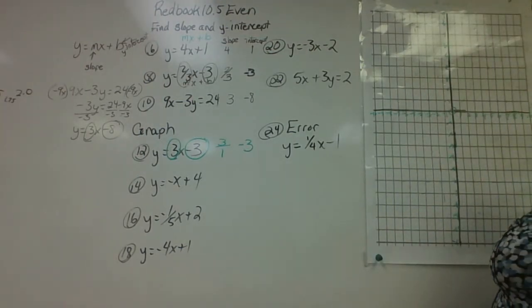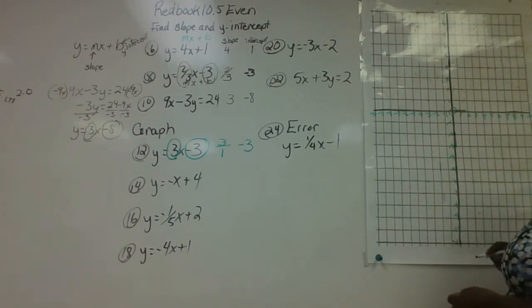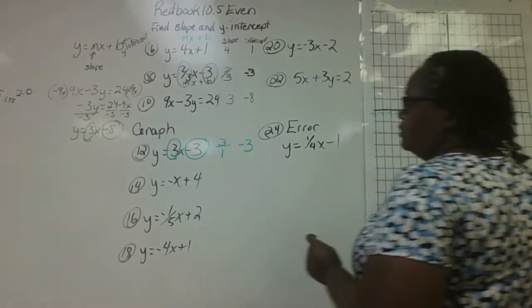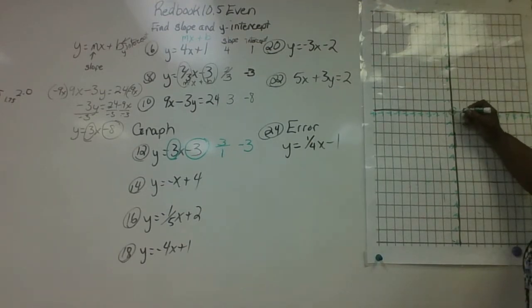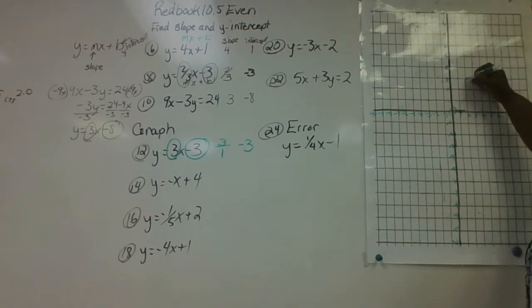So we're going to rise 3 and run 1, and we're going in a positive progression. So here we go. If we rise 3, 1, 2, 3, and we're going to run 1, then we put a dot here. We rise 3, 1, 2, 3, and we run 1.